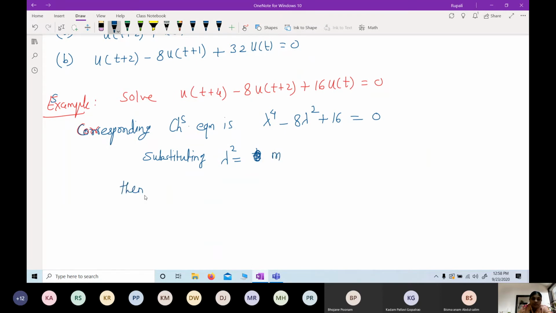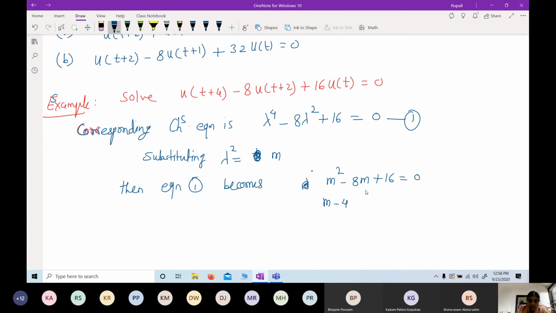Then equation 1 becomes m square minus 8m plus 16 is equal to 0, right? Yes. So what are the roots of this quadratic equation?